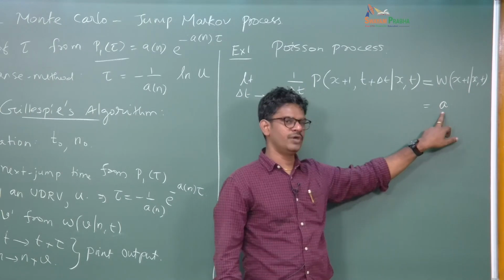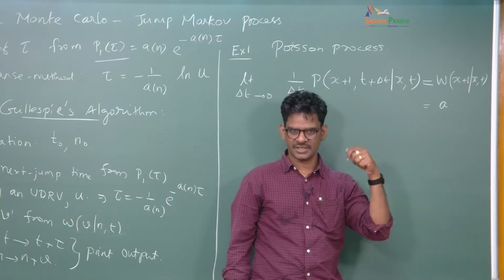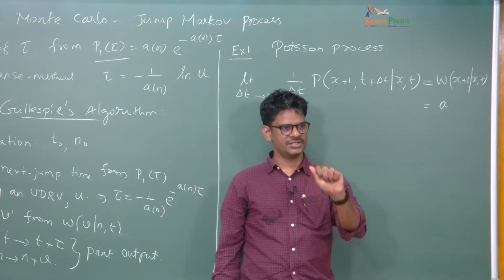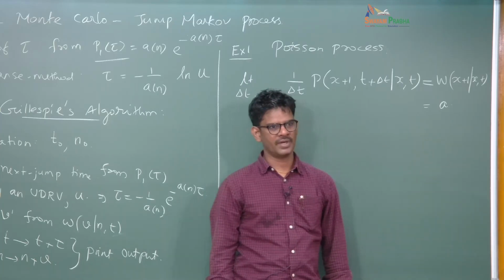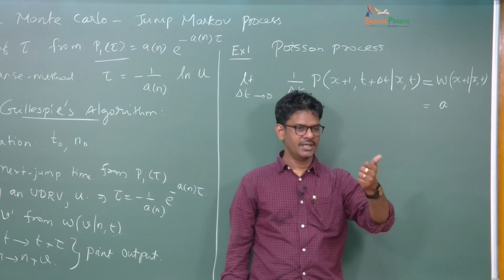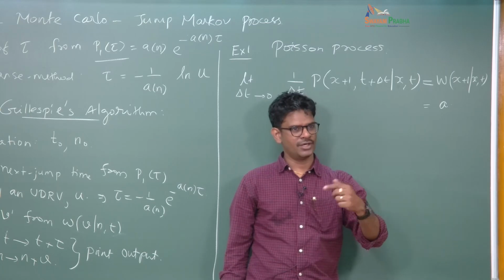Now we know in a Poisson process that is a constant rate. It doesn't depend on the current position. So there is a finite rate at which the particle is jumping forward, and that rate is a. Here you can see that it can only move forward. Also, it can only move forward by 1 unit length. It cannot go 2 unit lengths. It cannot go 3 unit lengths.